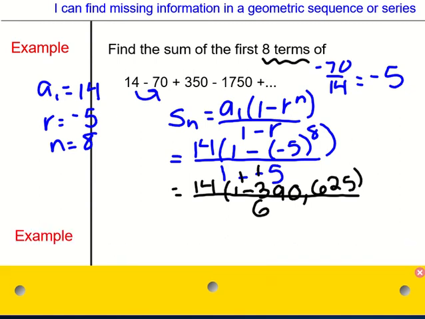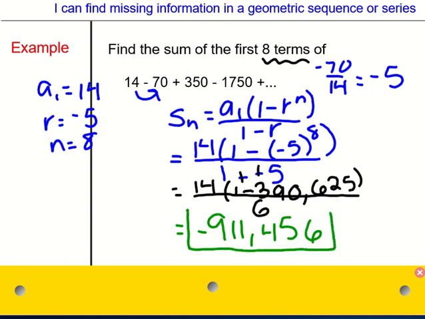When you plug that into your calculator, you're going to get negative 911,456. And that is the sum of the first 8 terms of this sequence.